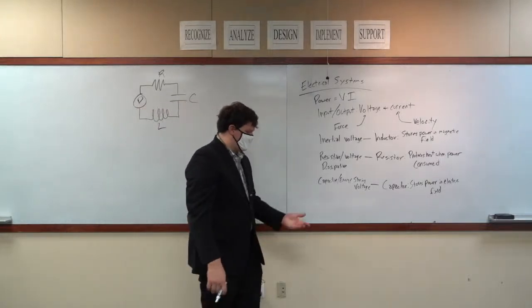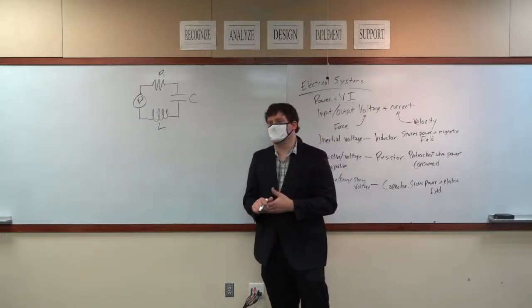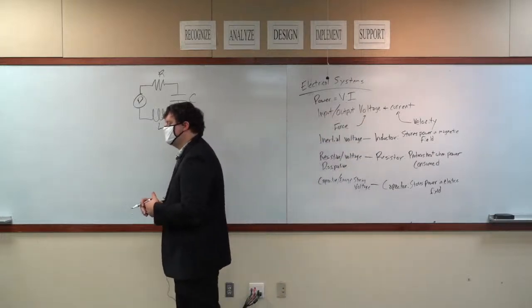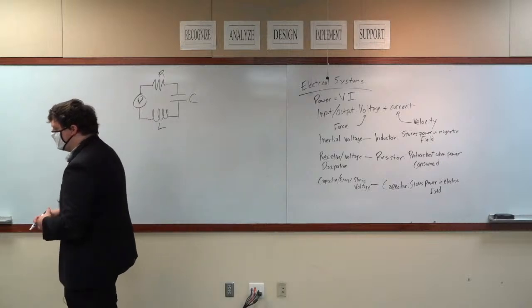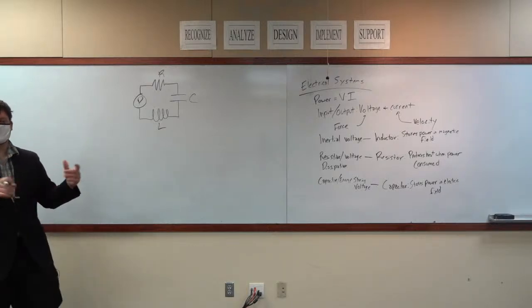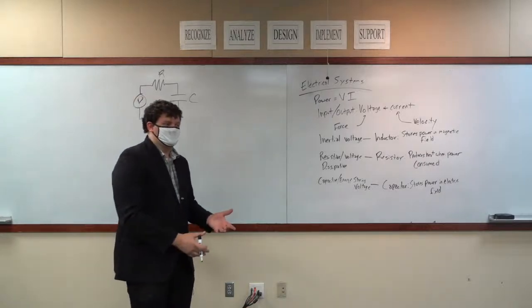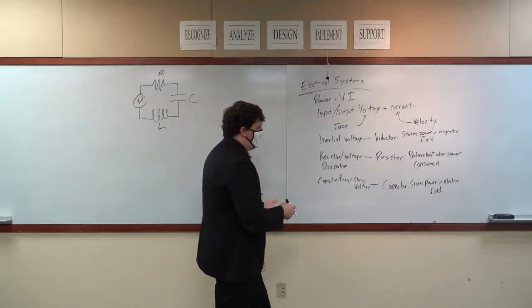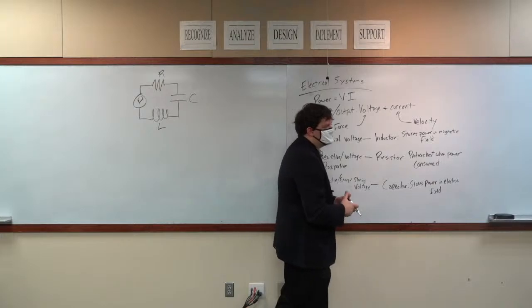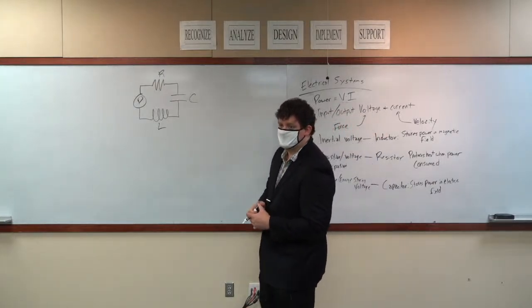Now, the guiding equation for coming up with mechanical system formulas was Newton's law, specifically Newton's second law. Force equals mass times acceleration. You sum the forces, then you can figure out what the acceleration is. Okay? That was the equation that we used to come up with all of our mechanical system equations.